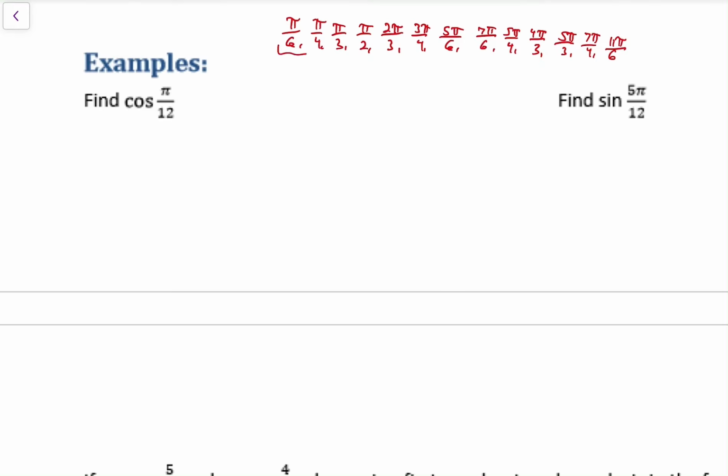So these are from the 1st quadrant, 2nd quadrant, 3rd quadrant, and 4th quadrant, which really isn't too important, except for your different signs, as in positive or negative signs there.